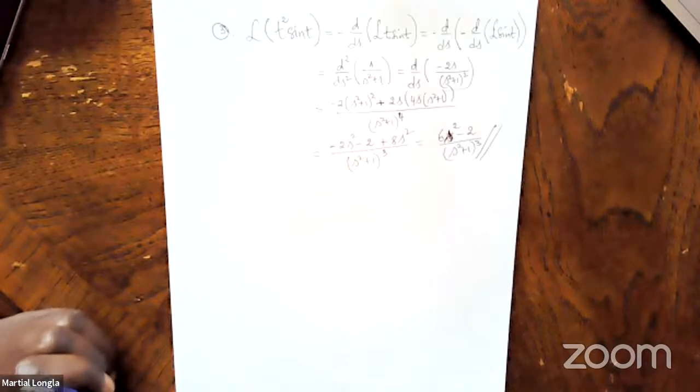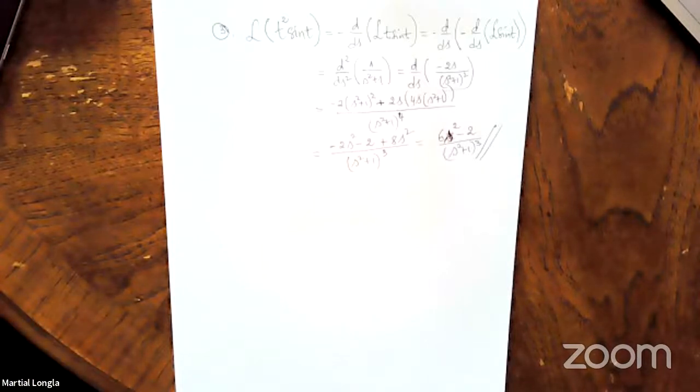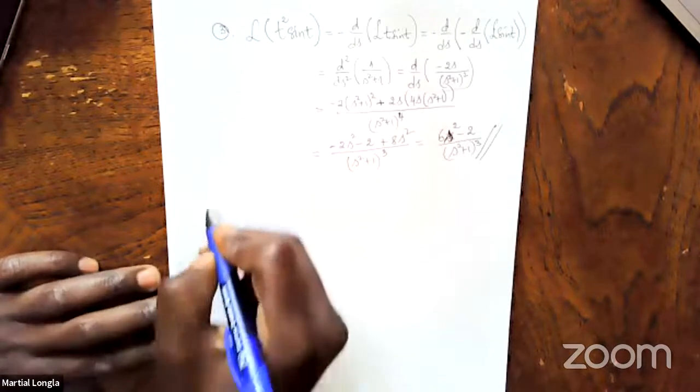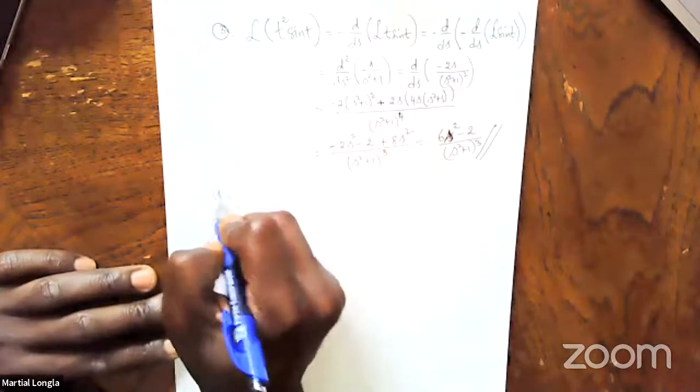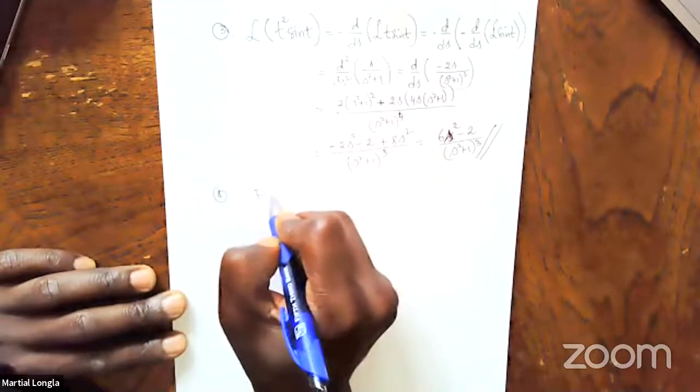Now, how do we use this one backwards? Backwards is when you want to find the inverse Laplace transform. When you want to find the inverse Laplace transform, you use the formula backwards.